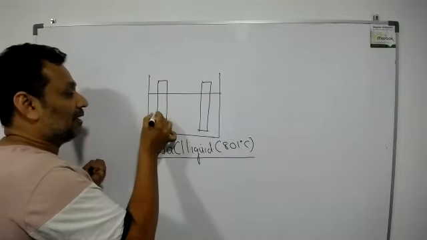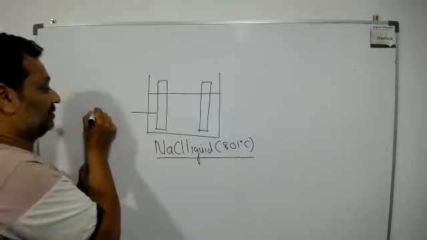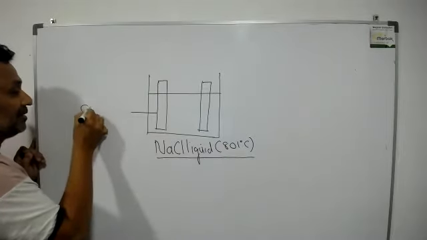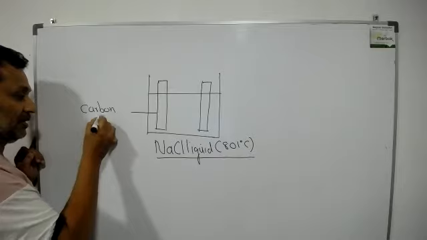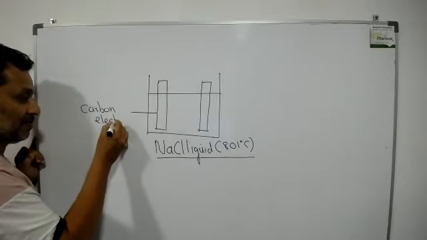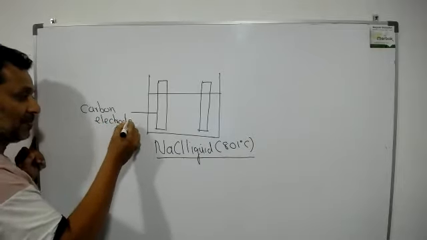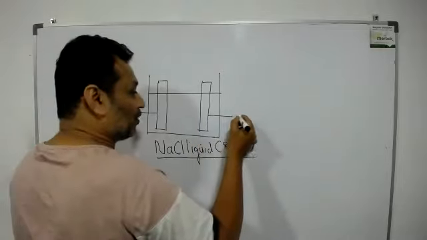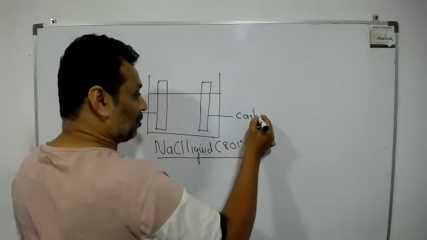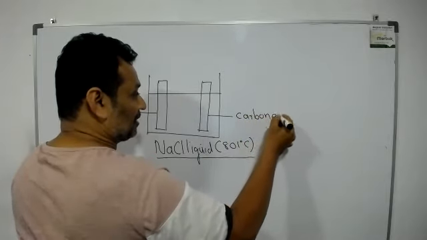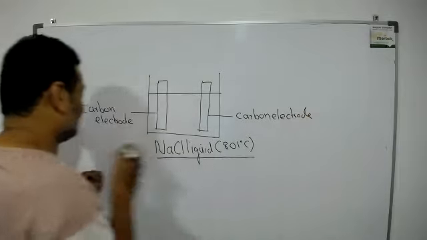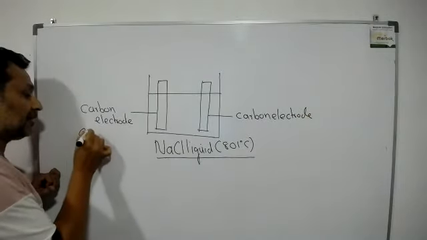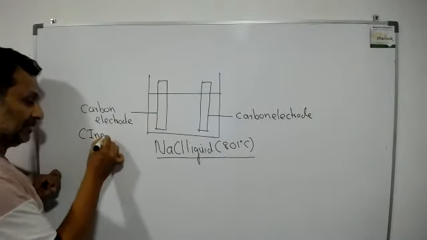You place 2 carbon electrodes here. This is a carbon electrode. This is also a carbon electrode. My children, carbon electrode is an inert electrode.